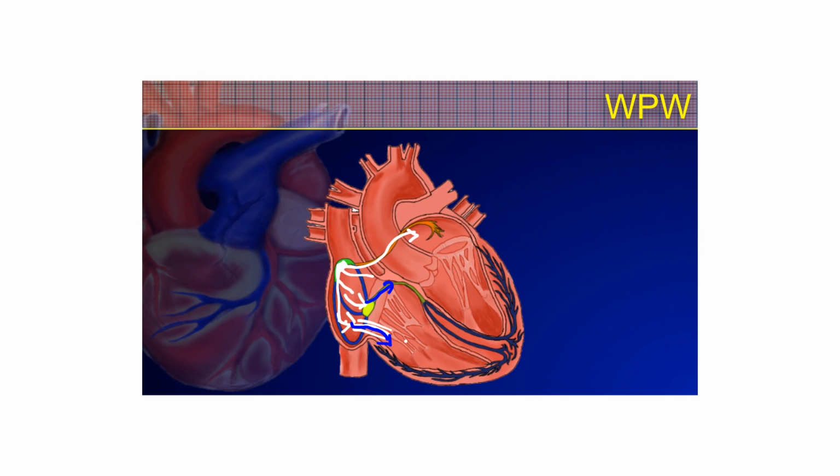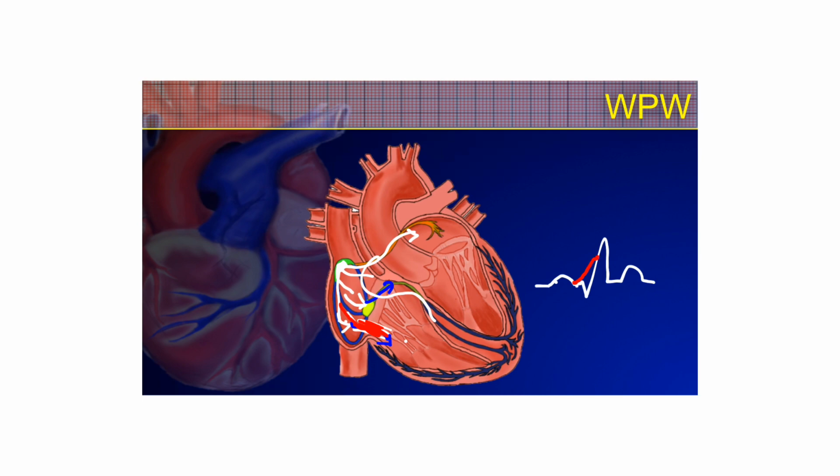So you'll get a combination. From this side, with the normal conduction, we get what looks like normal conduction. So you have a nice PR interval here, and that's normal conduction. But because of this accessory pathway over here, we get to the ventricles faster, so it starts to depolarize the ventricles a little bit sooner.